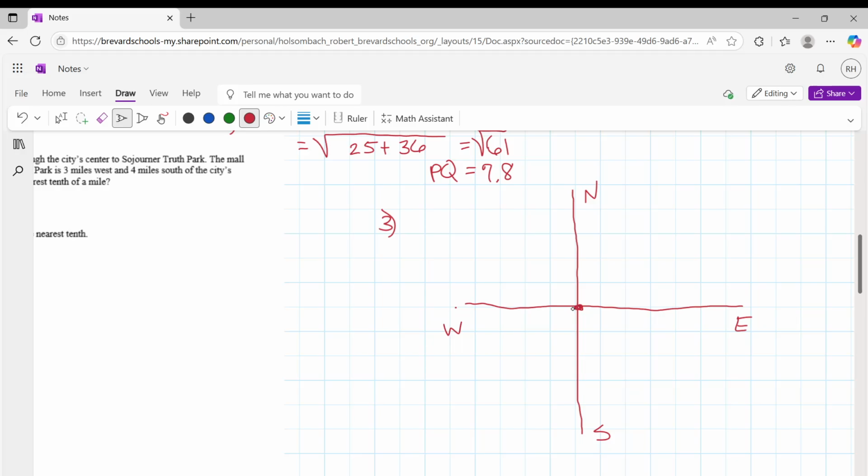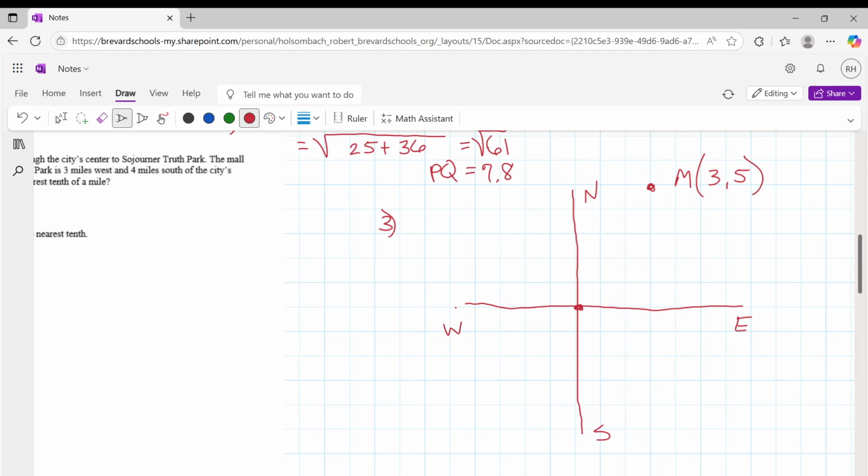So now what it says is that the mall is 3 miles east and 5 north. So if we go 3 east and 1, 2, 3, 4, 5 north, this is the mall. The mall is 3 east and 5 north.